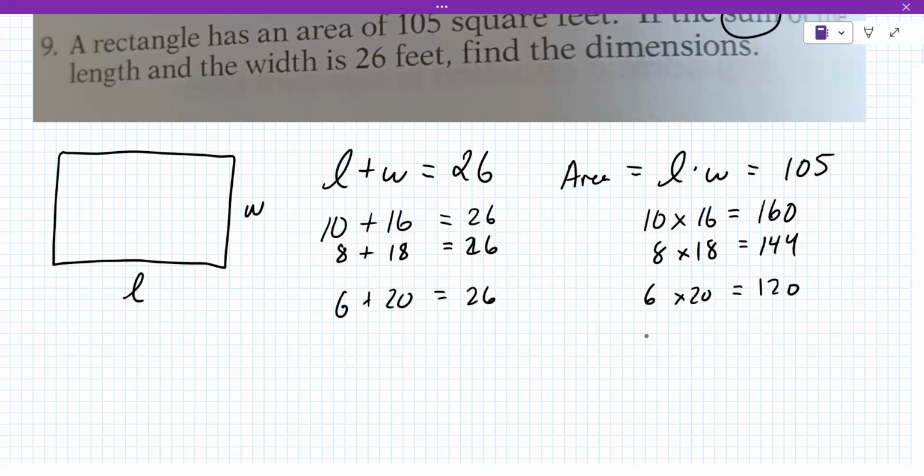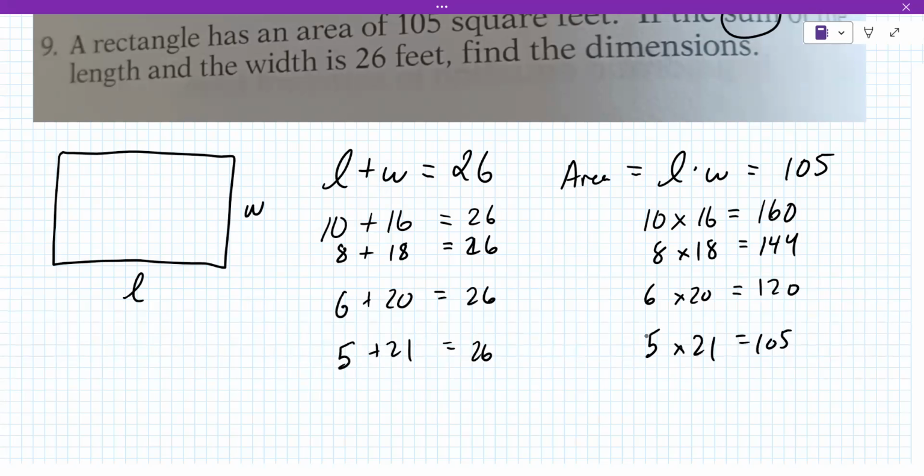That's 88. Too small. No, let's do 5 plus 21, that's 26. 5 times 21 is 105. There we go.